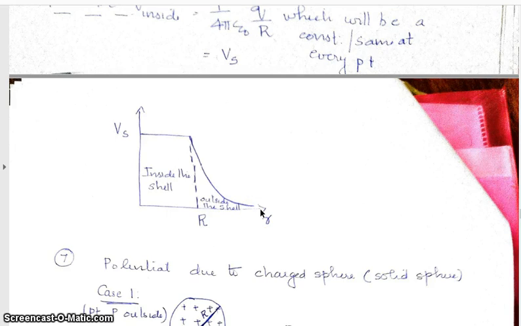That means V is inversely proportional to R. So as R increases, V will decrease. So inside the shell you have a particular value, and at the surface it will be maximum, then it will slowly keep decreasing. That's all.